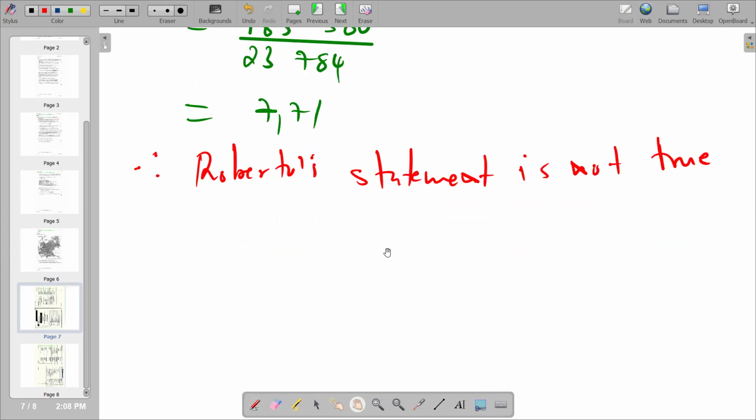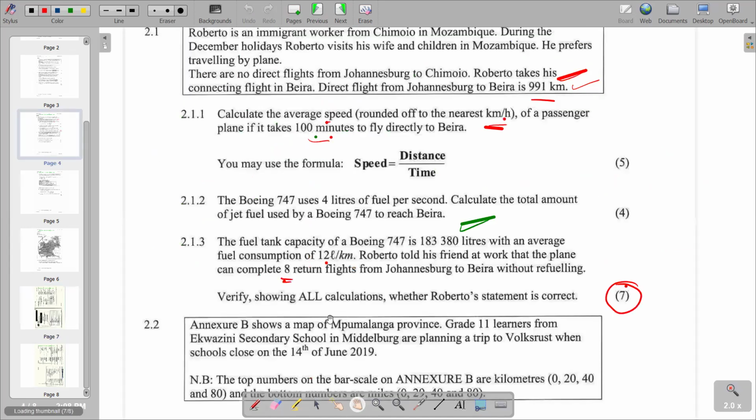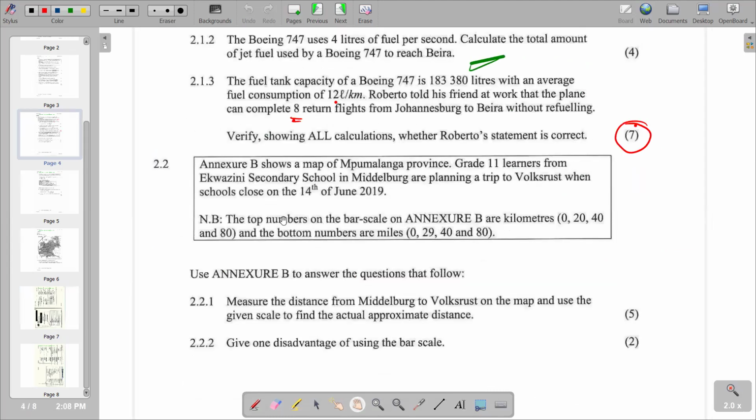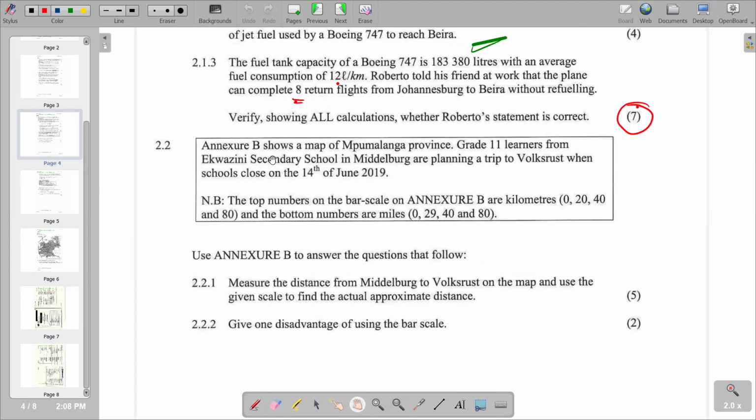So with that now, we are moving on to the next part, which becomes 2.2. It reads: Annexure B shows a map of Mpumalanga province. Grade 11 learners from Ekwazini Secondary School in Middelburg are planning a trip to Volksrust when schools close on the 14th of June 2019.